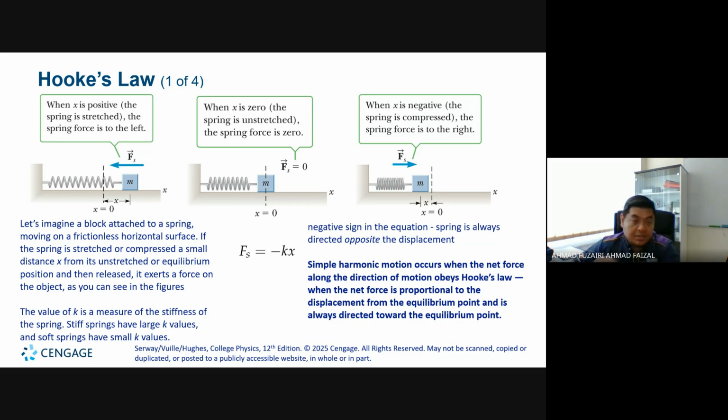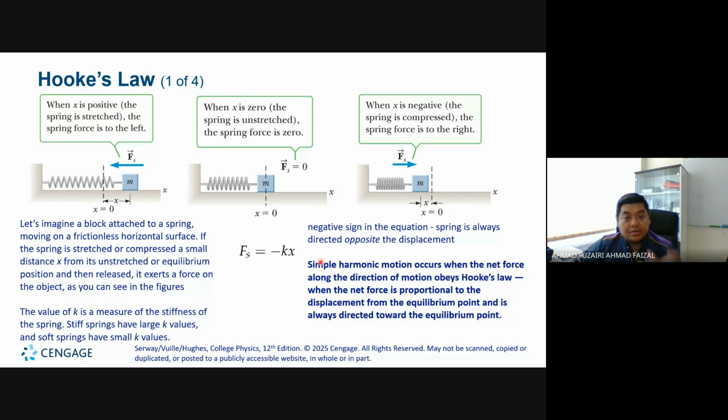Notice that there is a negative sign in this equation. It means the force exerted by the spring is always directed opposite to the displacement of the object. The negative sign states that there is a restoring force.